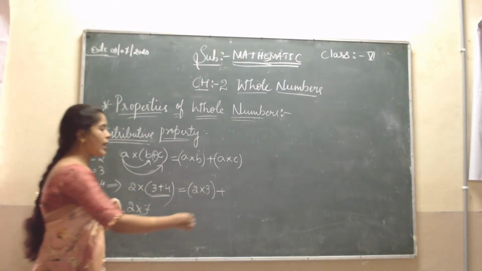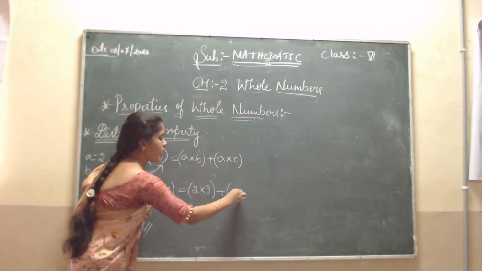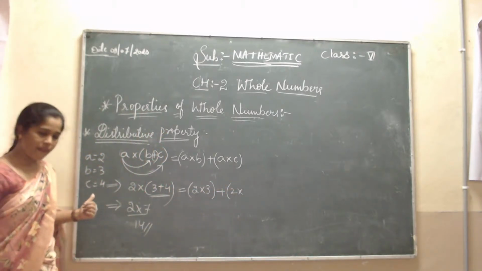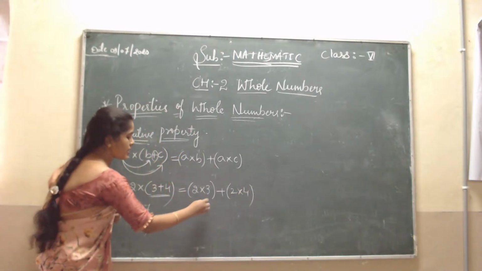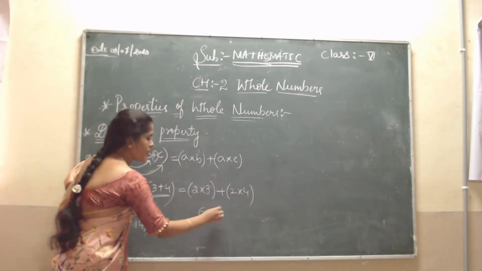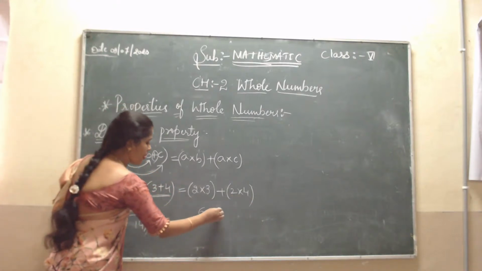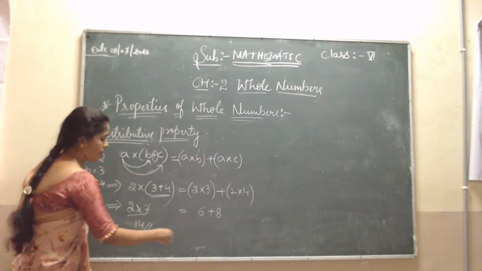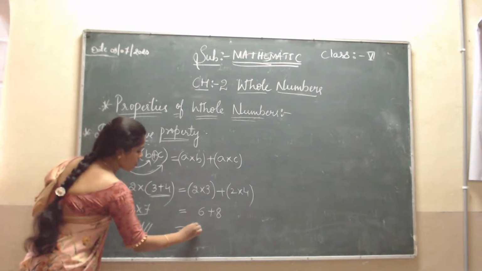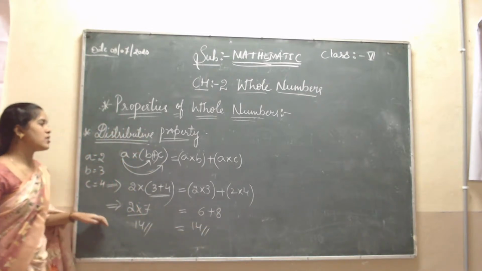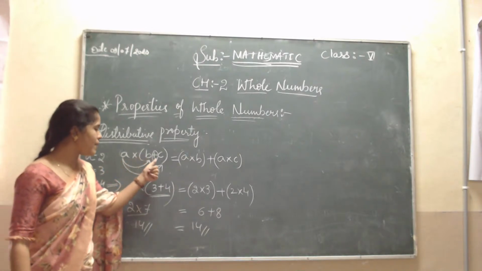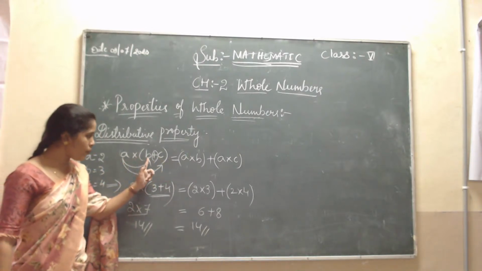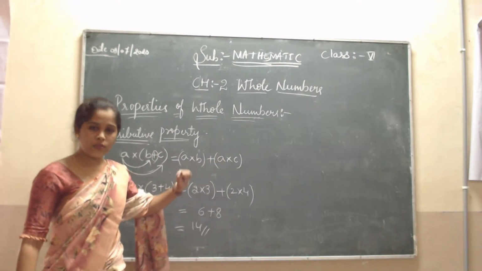Next, A is 2 and C is 4. 2 3s are 6 plus 2 4s are 8. Here, 6 plus 8 is 14. So this is distributive property under addition: A into B plus C equals A into B plus A into C.